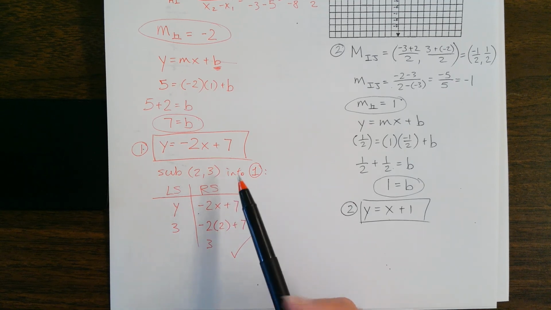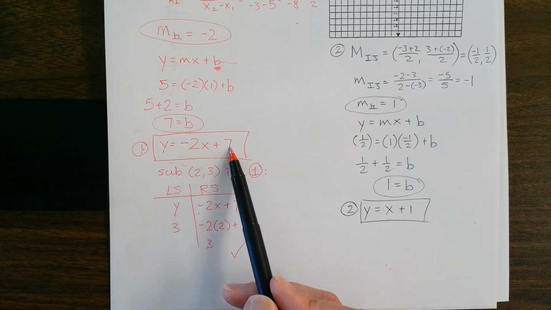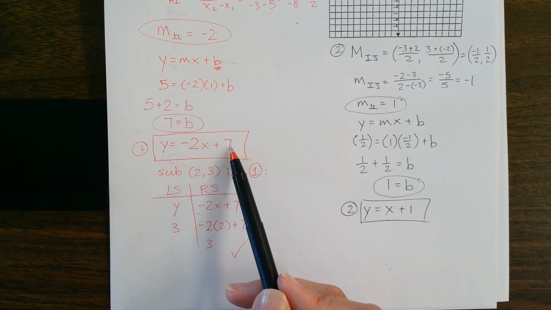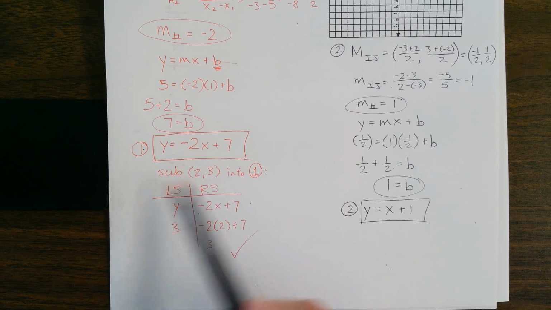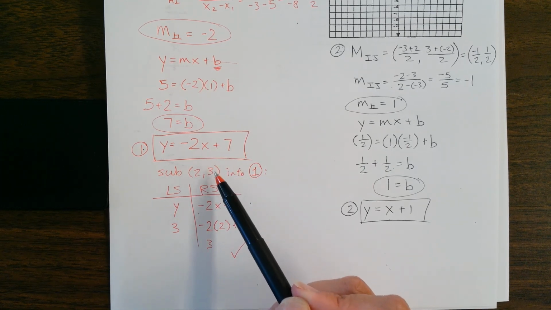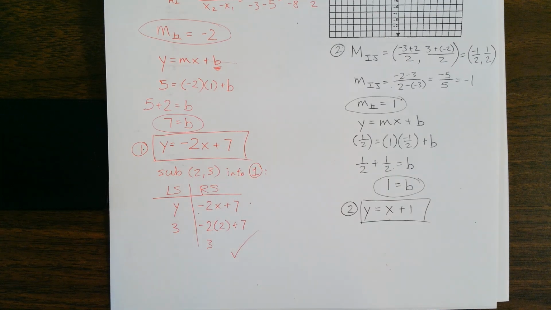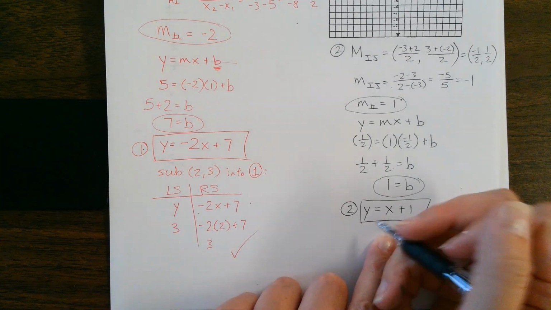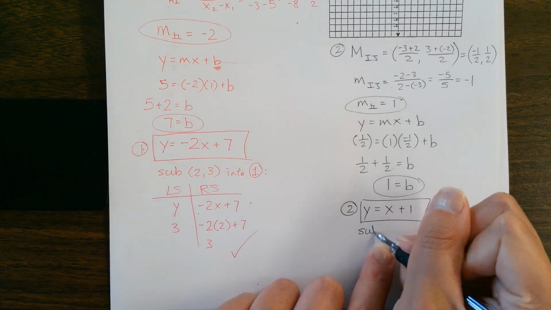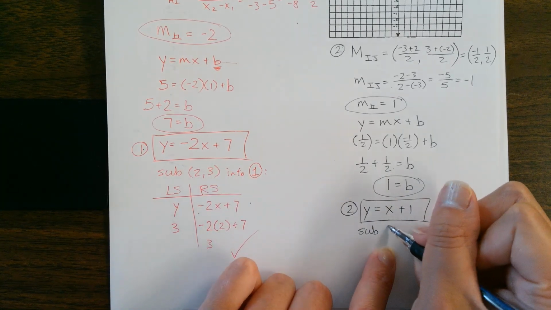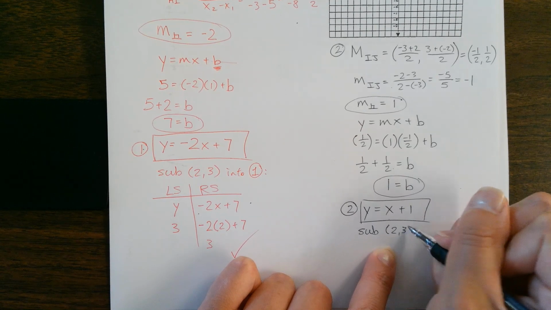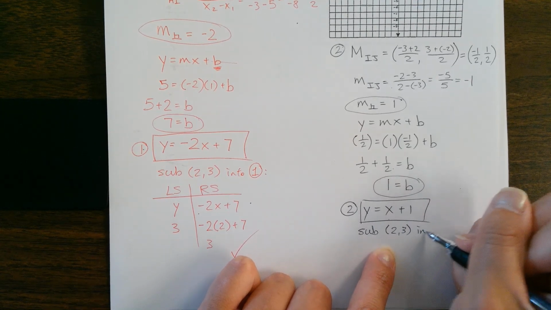Yeah, your line goes through this point, or this point is on this line. That was the purpose of you doing this. You have to make sure that this point was, in fact, on this line. But it's not enough to say that that is the circumcenter. So then you have to sub it into the second equation.